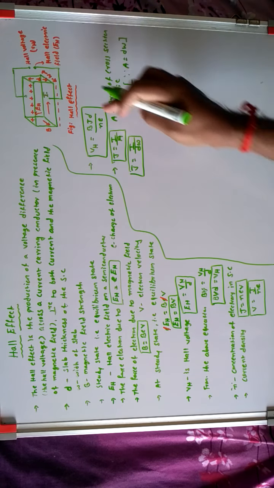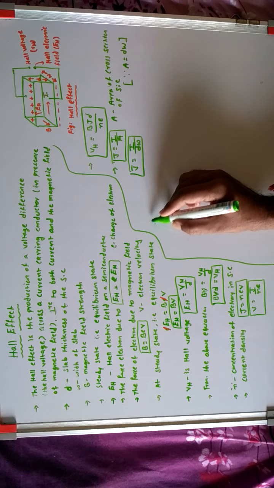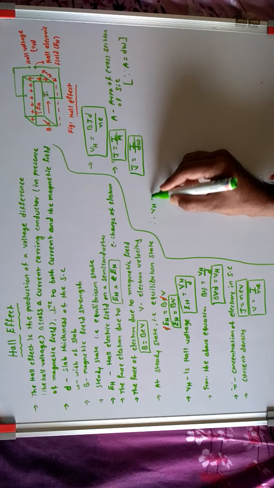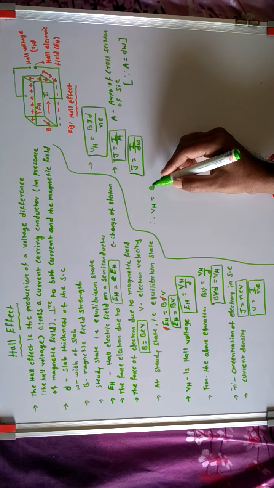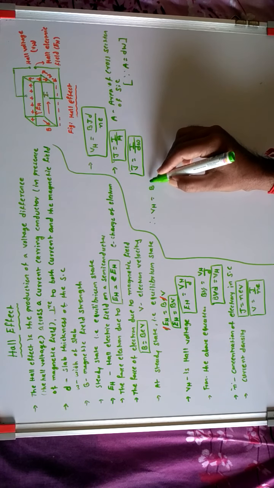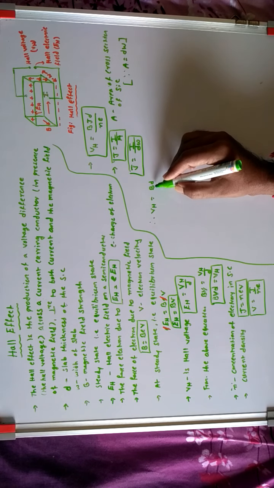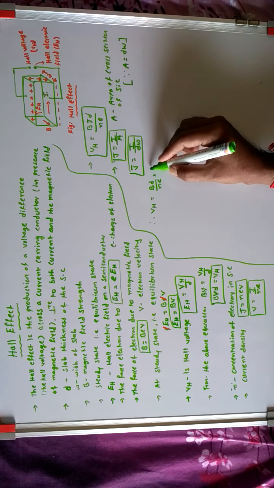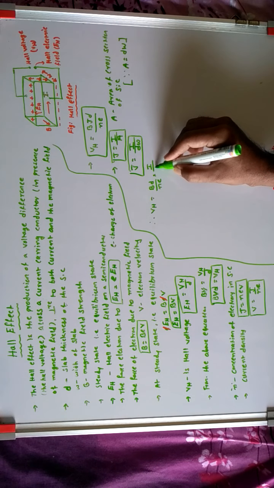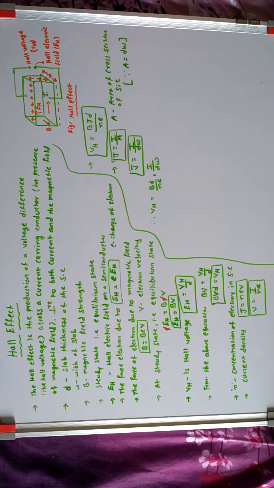Substituting the J value in this equation, VH equals B D divided by ne into I by DW.